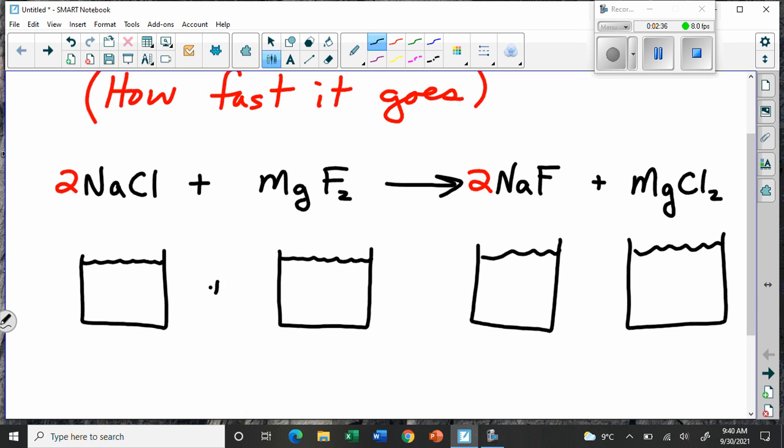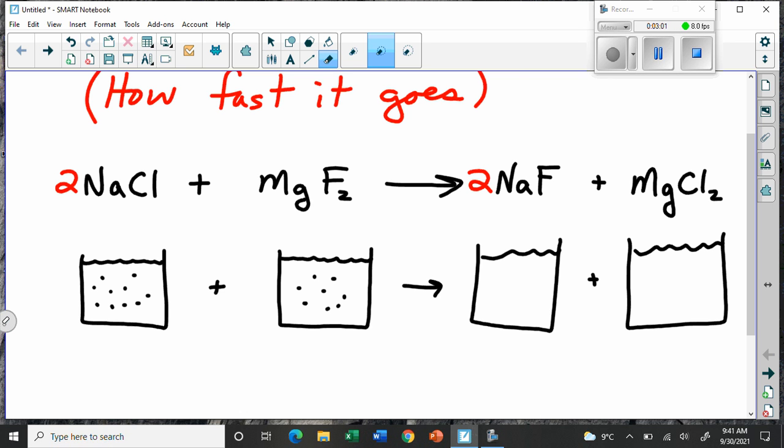Okay? So, let's just think about it. If we put some sodium chloride in the water, then there we can put little dots. There's the sodium chloride floating in the water. Right? And then over here, we have this magnesium fluoride floating in the water. Like, you know what I'll do?